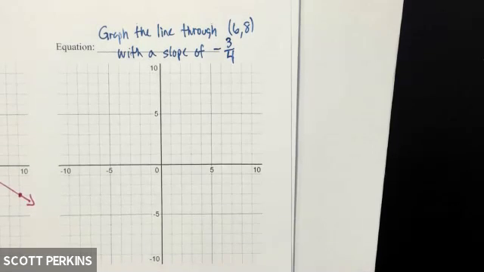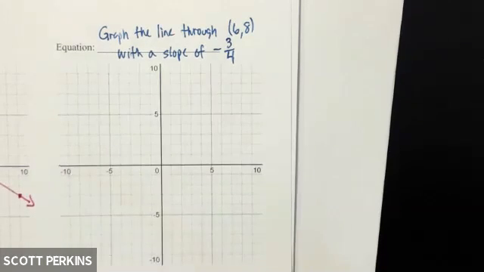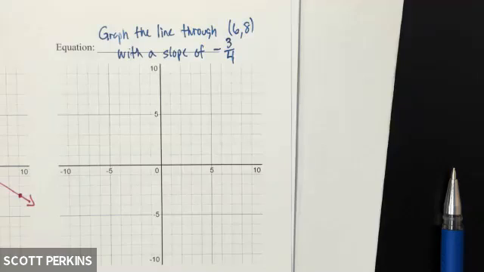The only difference in doing this as opposed to what you did last time is, instead of having the y-intercept, you've just got another point, (6, 8). So you're going to plot that first, and then you're going to do the slope from there.